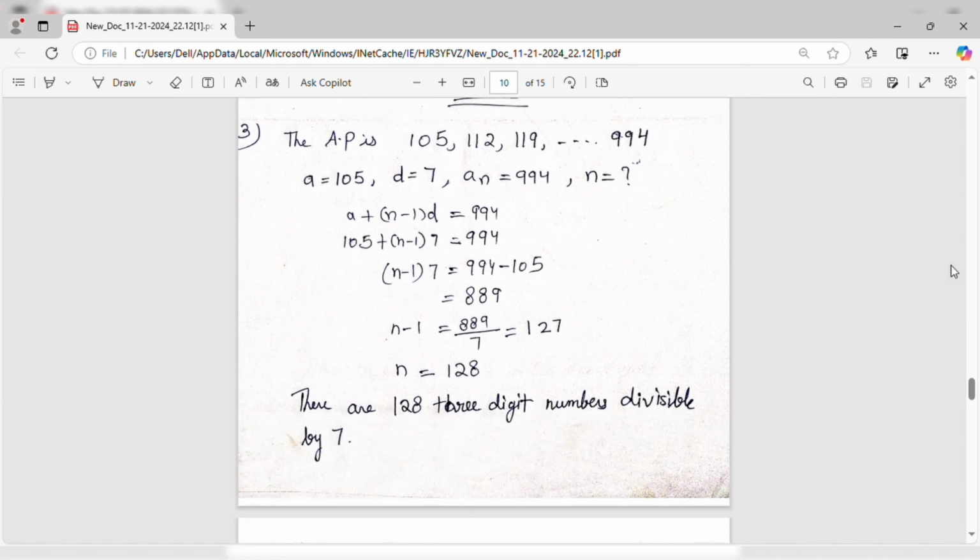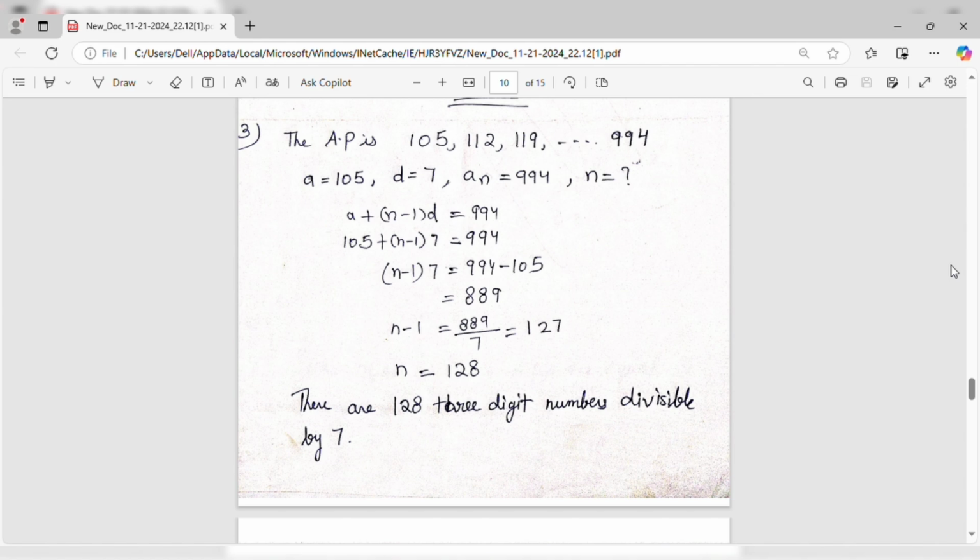13th question. How many 3-digit numbers are divisible by 7? The first 3-digit number which is divisible by 7 is 105, and the last 3-digit number which is divisible by 7 is 994. You can get these two numbers by simply calculating the terms, and then we will get the AP 105, 112, 119 and so on.